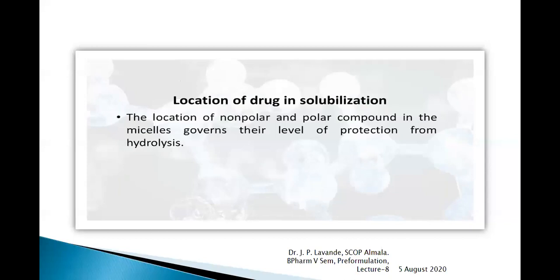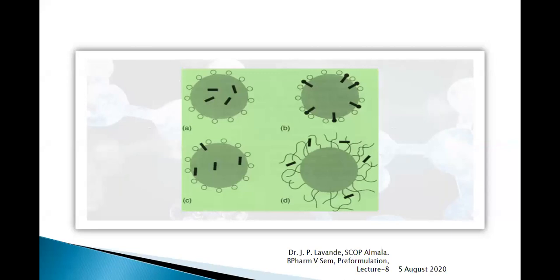The drug location is important in the process of solubilization. The location of a non-polar or polar compound in the micelle governs its level of protection from hydrolysis. Non-polar compounds are solubilized deep. You can see in this picture that there are micelles.